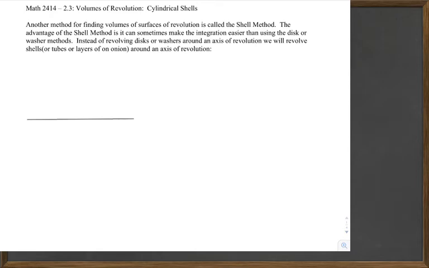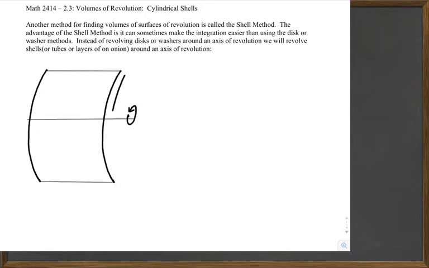So I've drawn a horizontal line for the axis of revolution, okay? And we'll draw a representative shell here. So there it is, and we're going to rotate this shell about the axis of revolution. We'll say that the height of the shell is h.